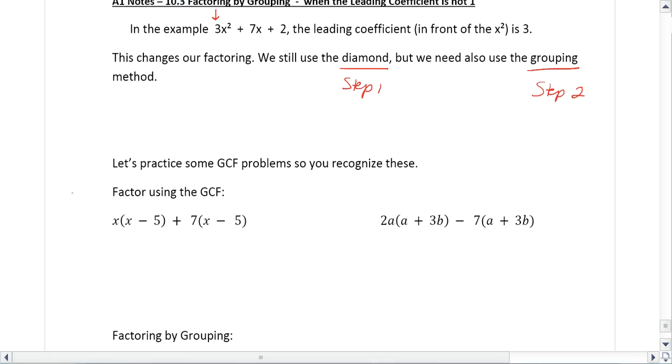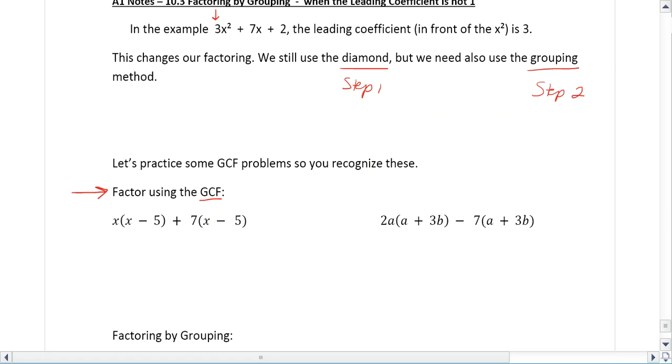I want you to look at these two examples that I have given the directions of factor using the GCF method. So when you first take a look at this, you might think, wow, there is no GCF. These terms look weird, and what is she talking about? But if you look a little closer, you'll see they actually do have a GCF. They do share something in common.